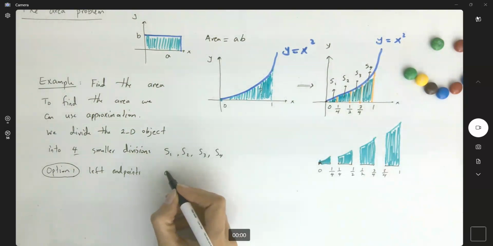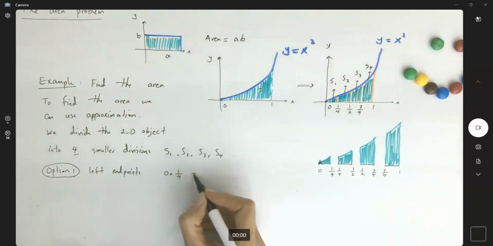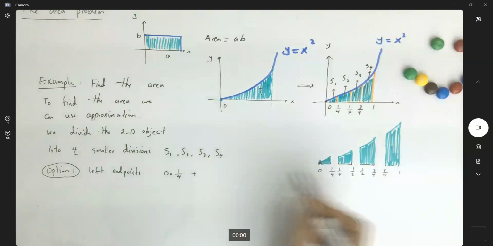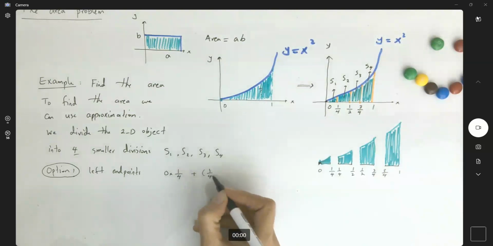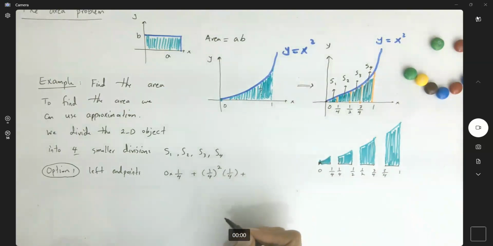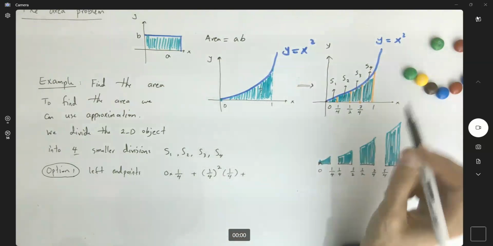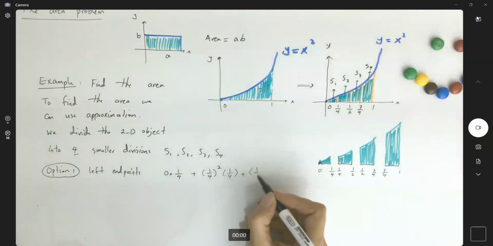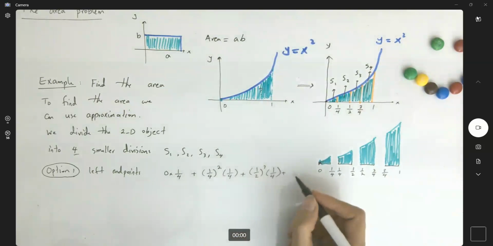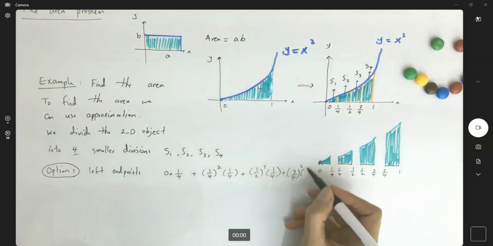So you get 0 times the length, which is 1/4, plus 1/4 to the second power times another 1/4, plus 1/2 squared times 1/4, plus 3/4 to the second power times 1/4.